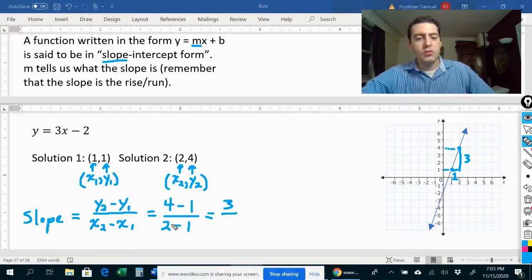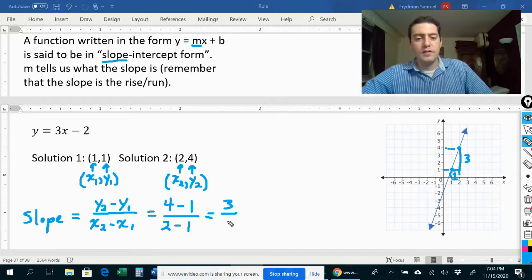And when I say 2 minus 1, what I'm really doing is the x value for the first solution was 1, and the x value for the second solution was 2. So by subtracting these values, by doing x2 minus x1, what we're really calculating is the distance from here to here, which is the run, okay?